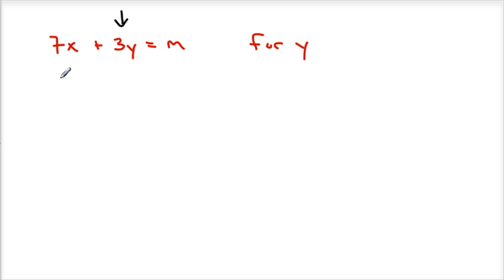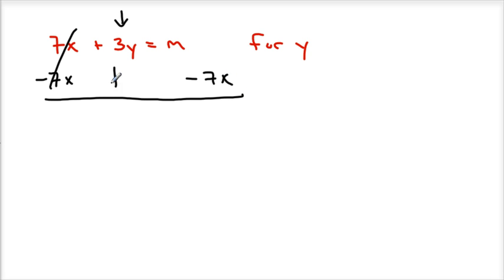7x. Okay, so I'm going to take the 7x and bring it to the other side. So I got 3y equals m minus 7x. Again, you can't combine them. You don't know what m and x are yet. And in my last step, I want to solve for y. I don't want 3y, I just want y. What's my last step?